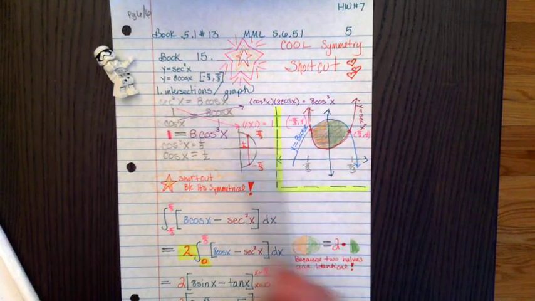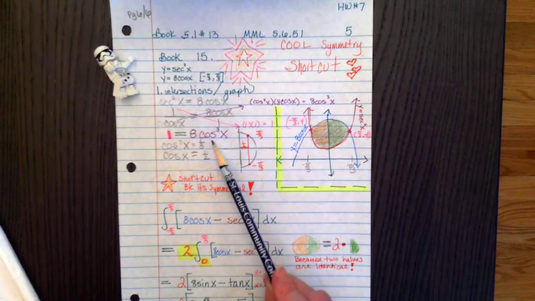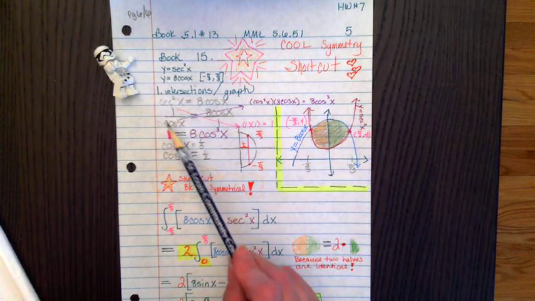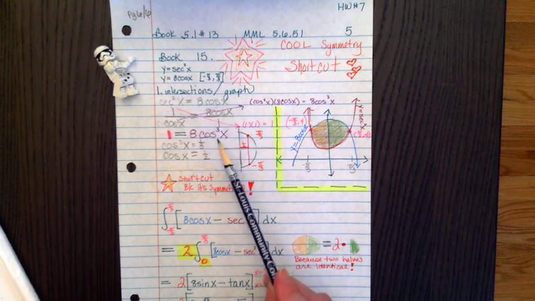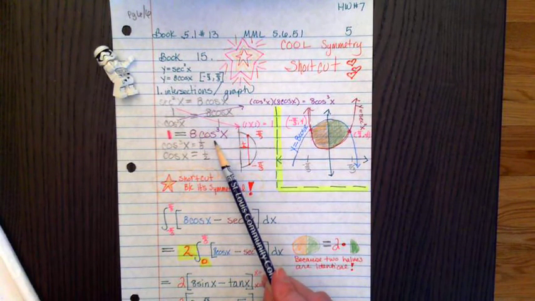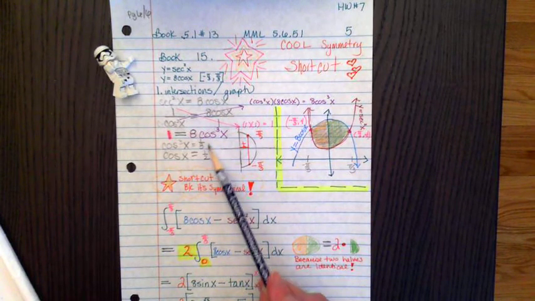Cosine squared times 8 cosine is 8 cosine cubed. So we can solve this by dividing by 8 and get cosine cubed equals 1 over 8. The cube root of both sides gives us that cosine is equal to 1/2.